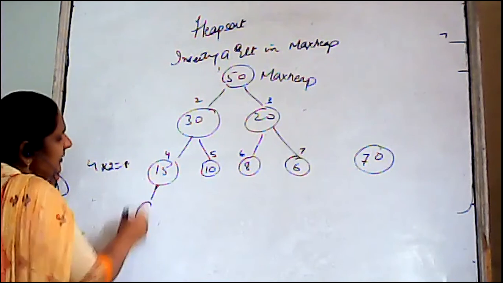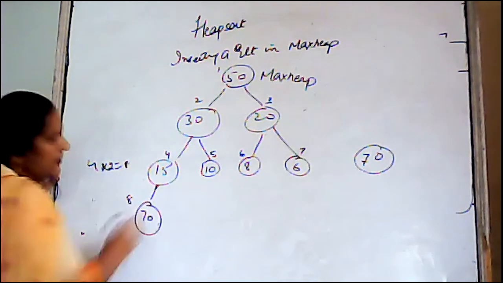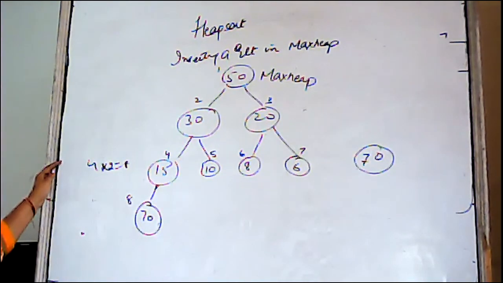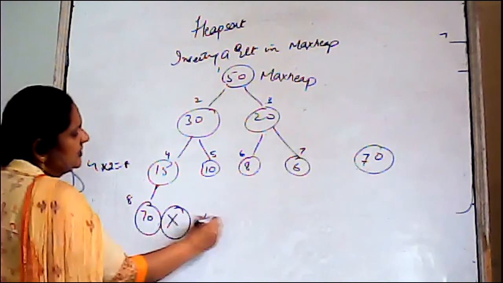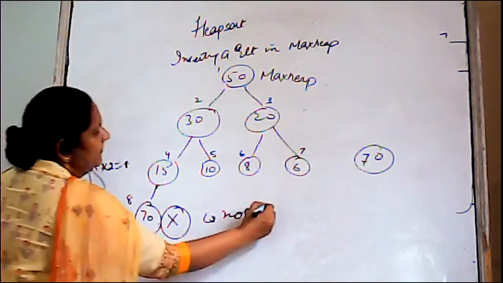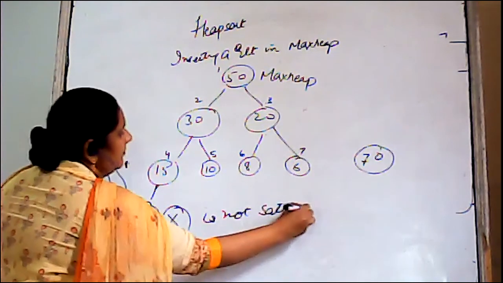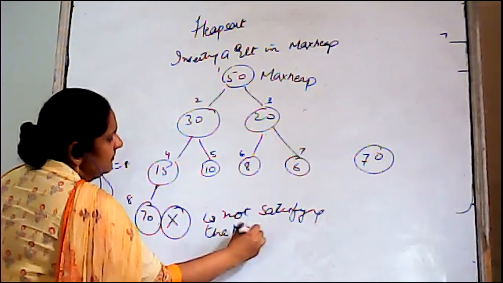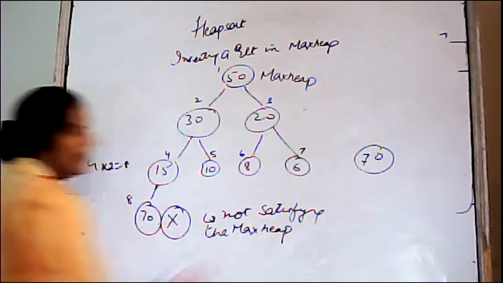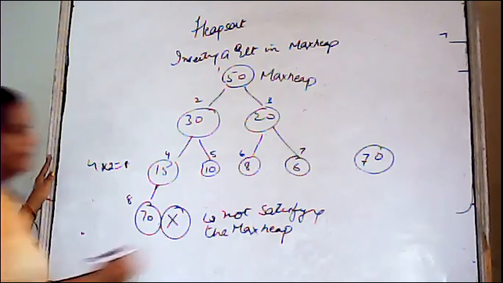So insert 70 at the 8th position. Now you see this element 70 is not satisfying the max heap property.